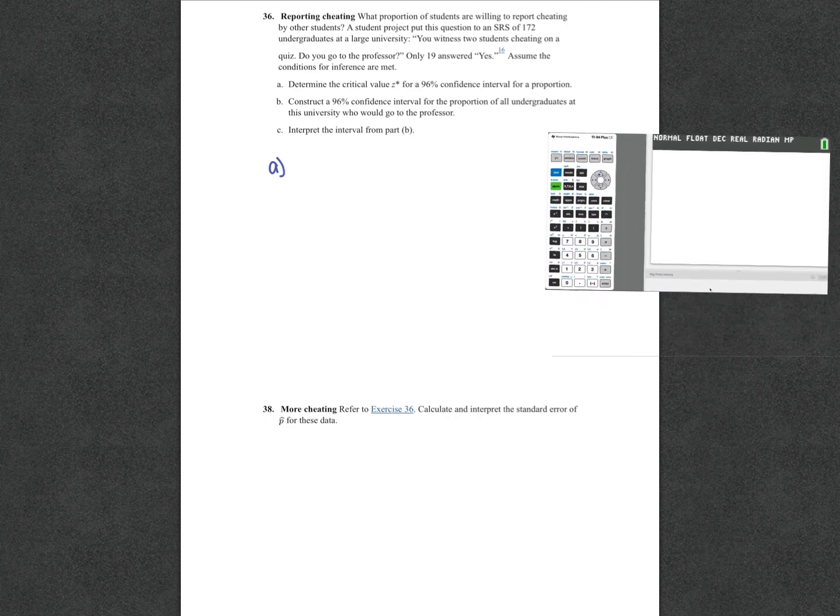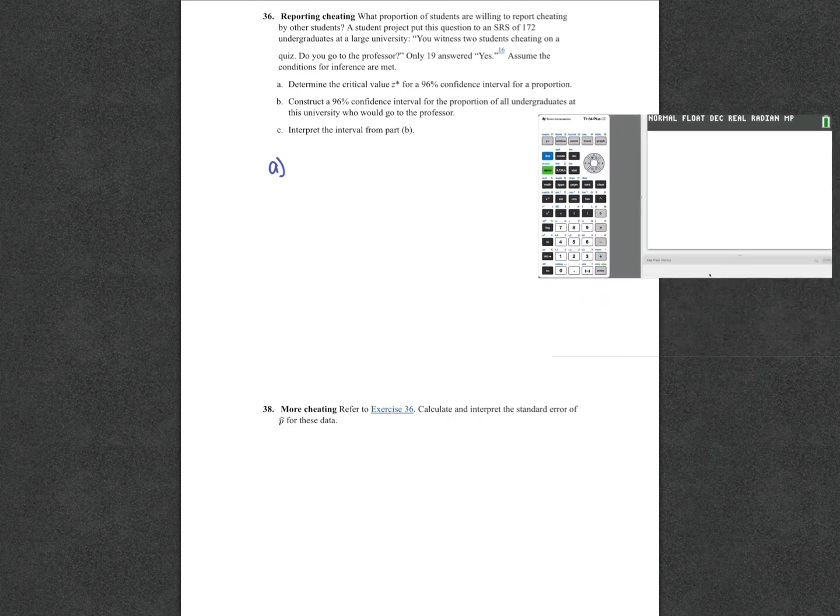I'll put it maybe right here. Okay, and when you're doing this, we'll go to inverse norm. I'm going to show two different ways of doing it because there are two different settings or ways that the calculator does inverse norm.